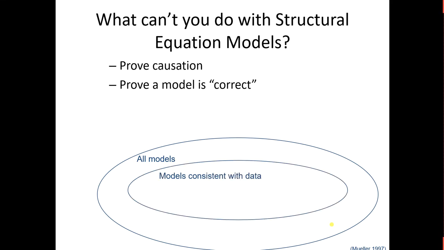Among all those possible models, there may be a subset of models which on testing may be found consistent with the data. When I say consistent with the data, I mean the models may very well fit with the sample data. But this well-fitting model does not prove the causation, nor does it provide any proof for the correctness of the model.